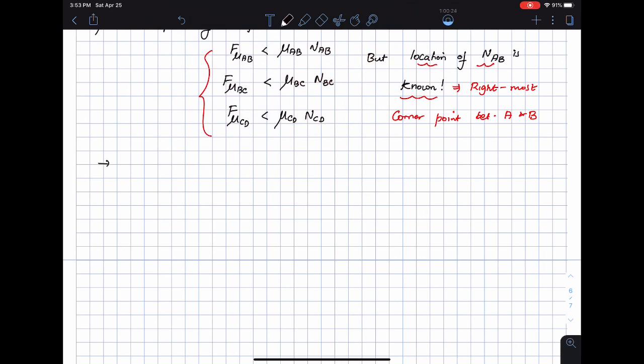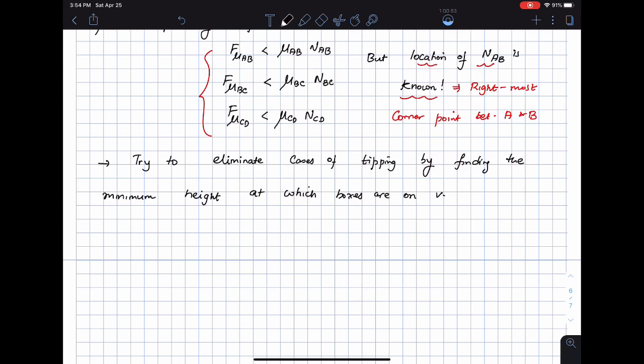Eliminate the cases of tipping first, by finding the minimum height at which the boxes are on the verge of tipping and on the verge of sliding. Once we do this, and if we are successful, then go to the individual sliding cases.